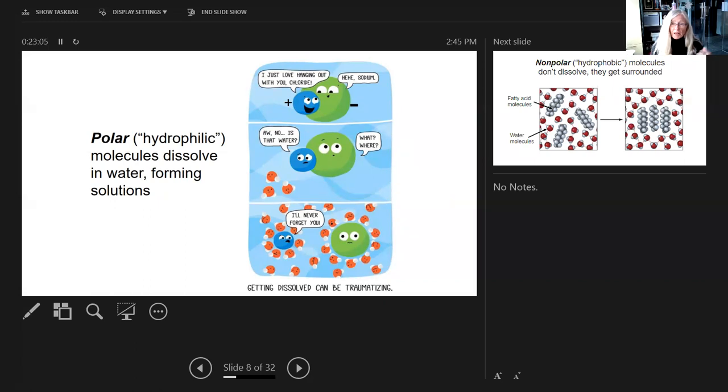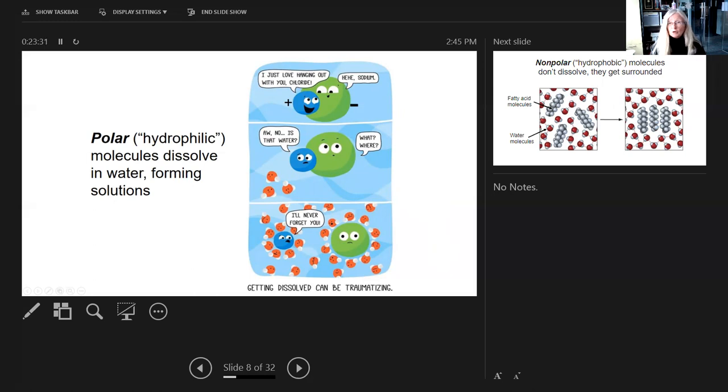So if there's no water around, the salt molecules will form large crystals and they'll stay there in solid form right up until water shows up. Because when water shows up, remember, it also has positive and negative ends. And so what happens is our polar compound, our ionically bonded compound, dissolves, it separates.